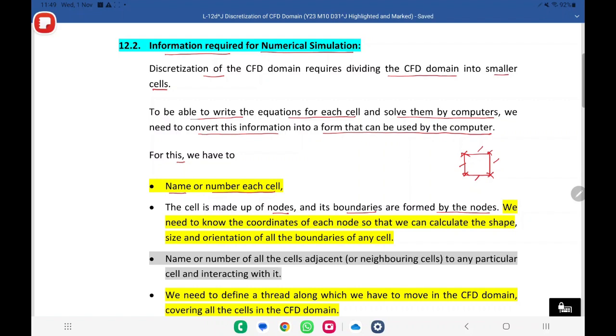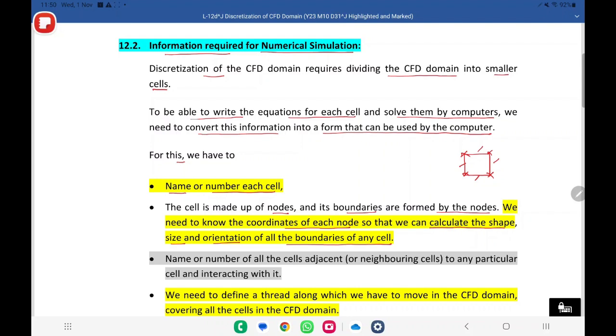Now we need to know the coordinates of each node so that we can calculate the shape, size and orientation of all the boundaries of the cell. How would I know the area of the cell, the size of the cell, the orientation, the surface area? All that I can find out if I know the coordinates of each node.